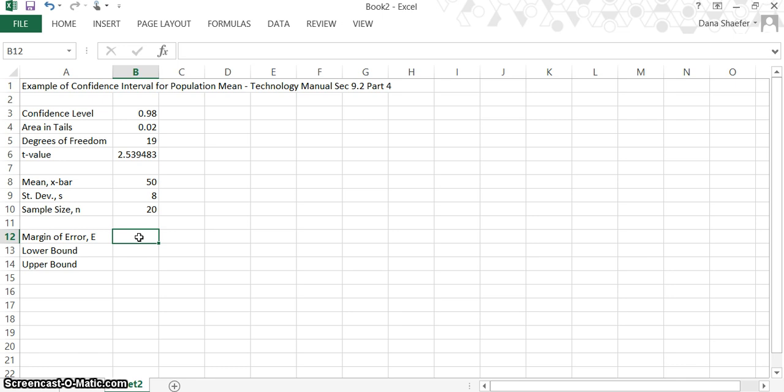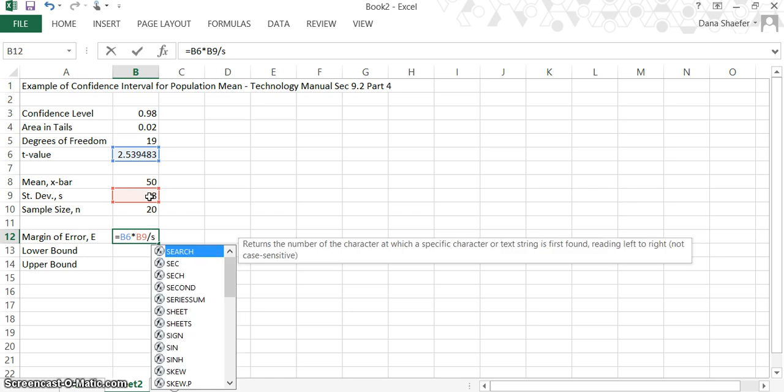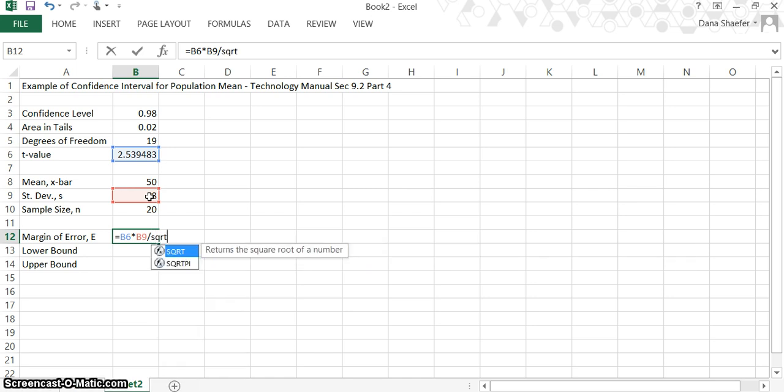So in this cell, we're going to say equals the t-value that we came up with, and then we're going to multiply that by the standard deviation, which is 8, divided by the square root of our n, the sample size.